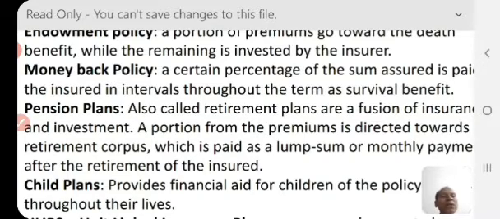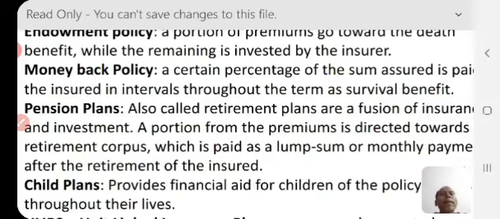After completion of each 5-year term, money will be paid to the policyholder. Again after 5 years, some amount. Like that, money will be paid back on the policy by the insurance company.